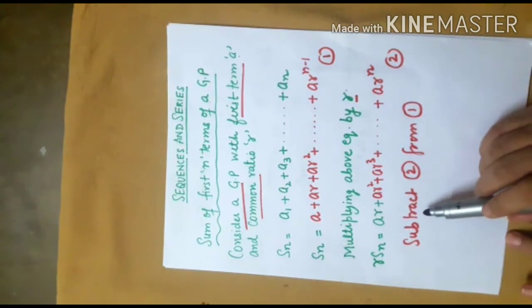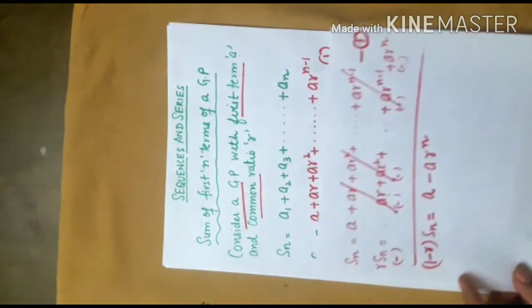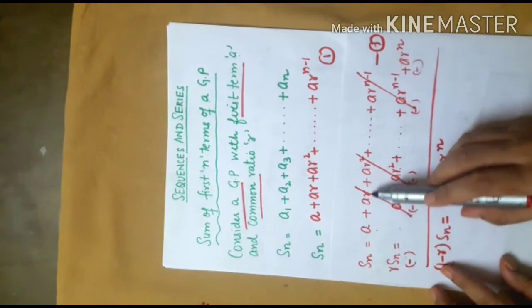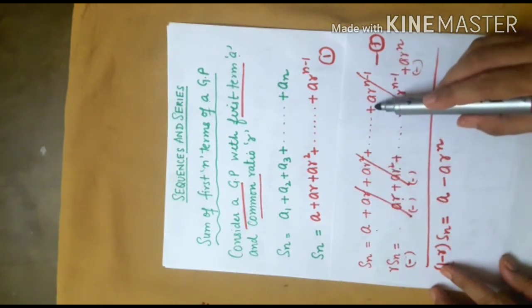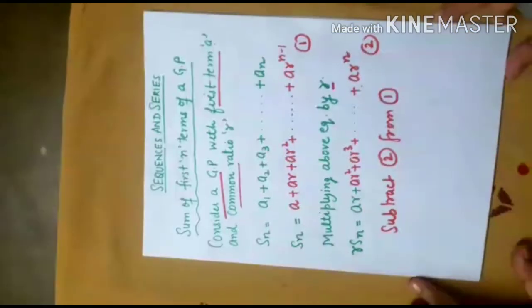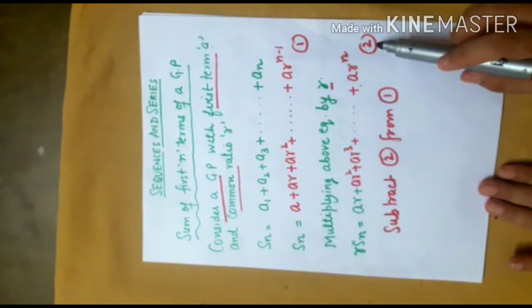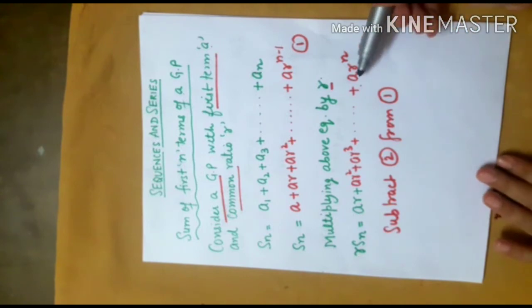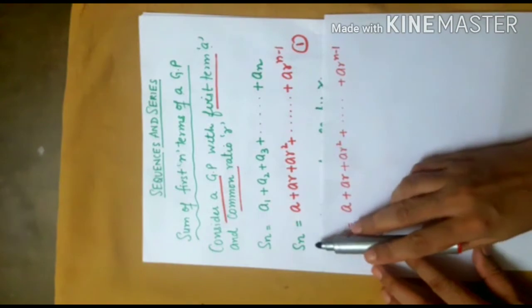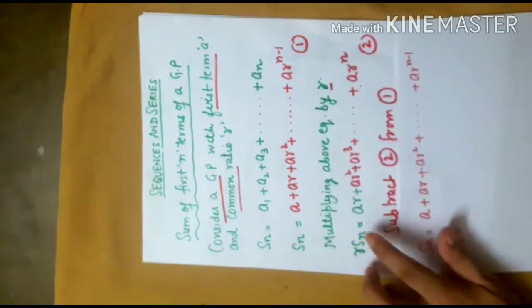What I have to do, I'll subtract this from this. The first relation is Sn equals a plus ar plus ar square plus so on till a into r raised to the power n minus 1. From this I have to subtract the second relation.